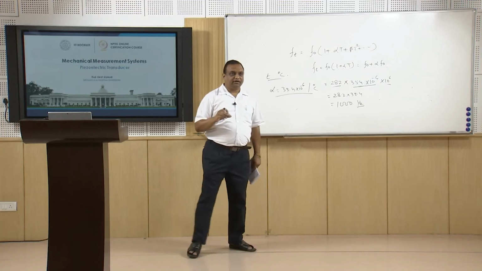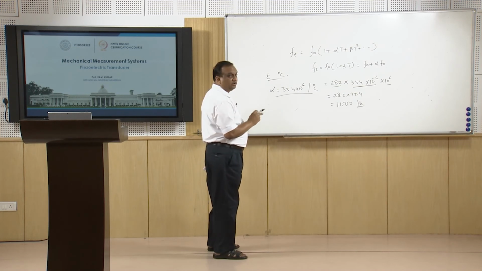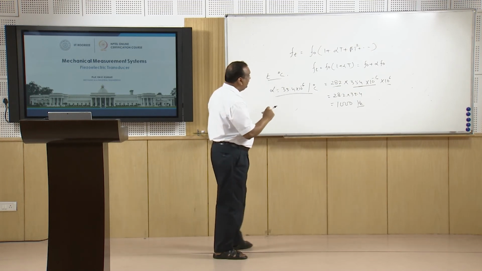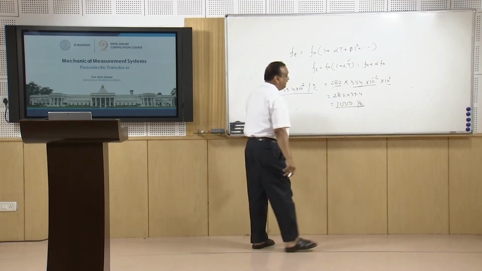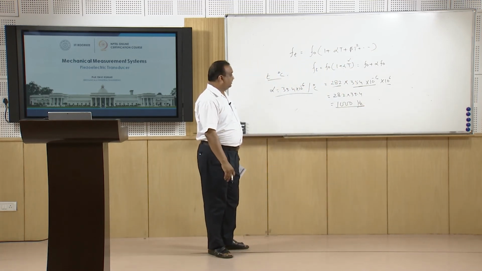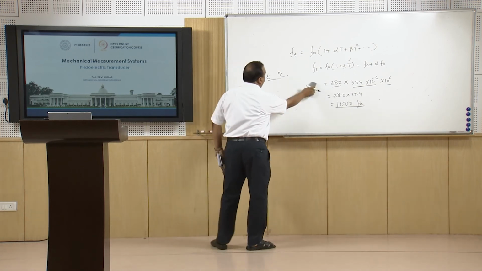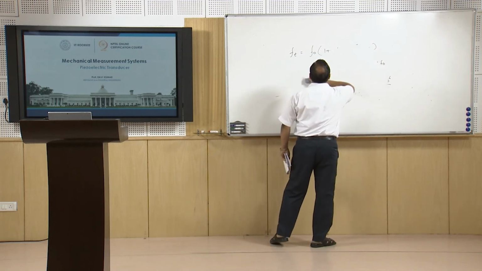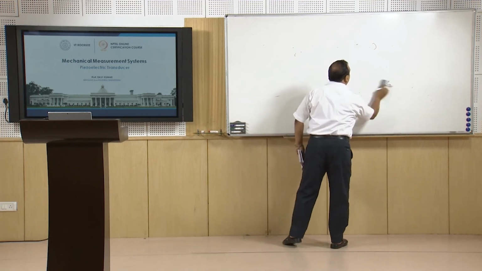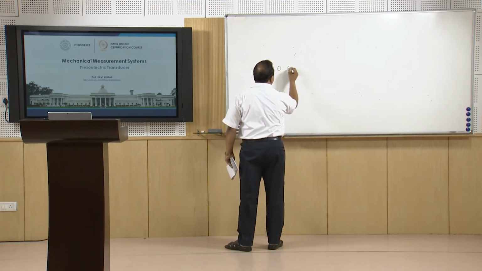So in a piezoelectric crystal, silicon oxide or quartz crystal, if there is a change of 1 degree centigrade in temperature, the change in the frequency is 1000 hertz. If we take a 5 digit display, it can read the accuracy of measurement as 0.001.